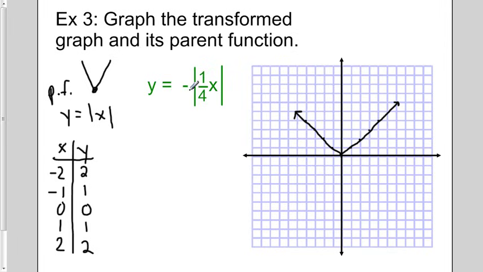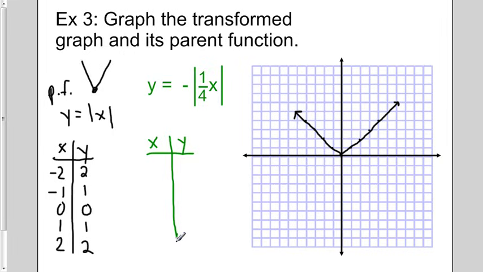Now we're going to graph the absolute value of -1/4 x. So the negative is going to flip it upside down, and the 1/4 is going to horizontally compress it. Now let's see what happens with the table. So x, y, and we can use our same values.